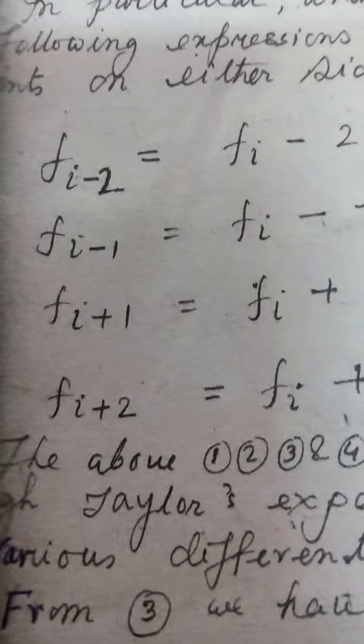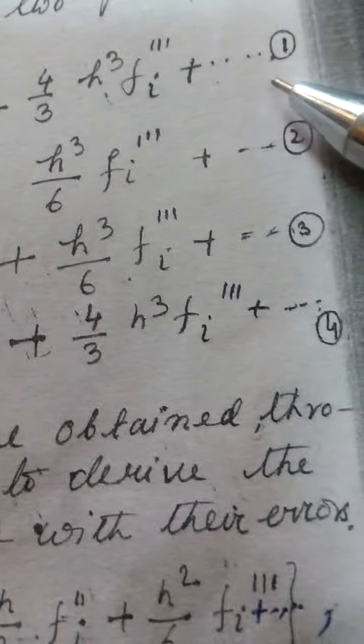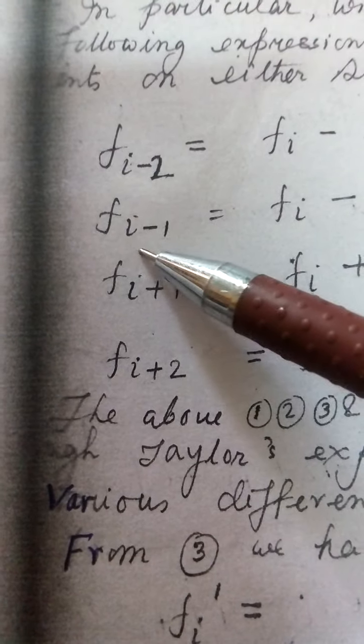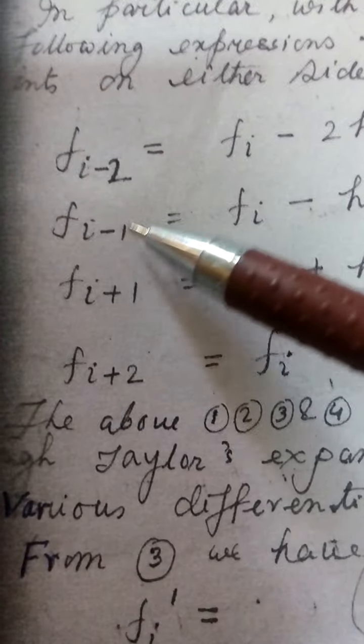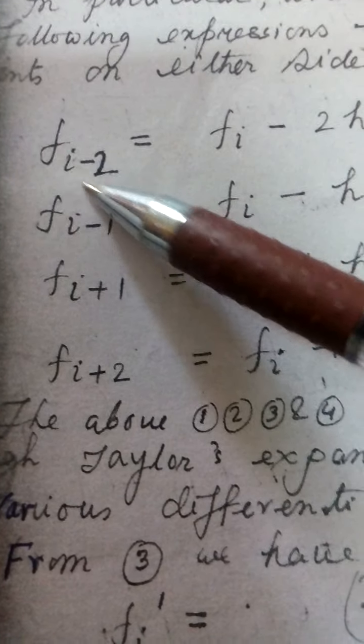So this is what we are getting: fi minus 2, fi. This is very easy. What is fi? It is a function of xi. fi minus 1 is one step before fi. These two steps before fi. So this formula I will roll on. You just take it down.